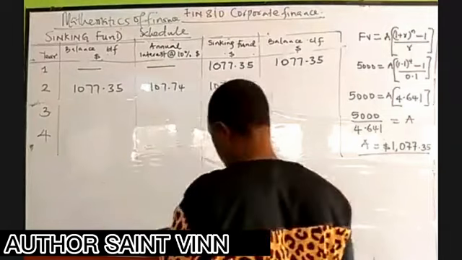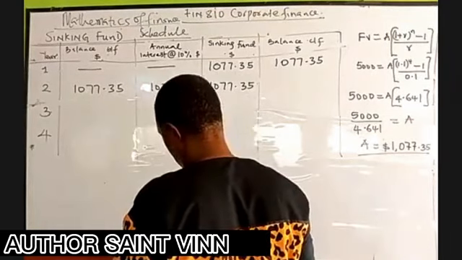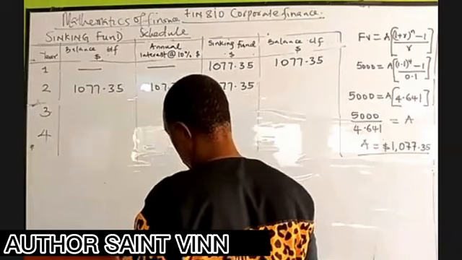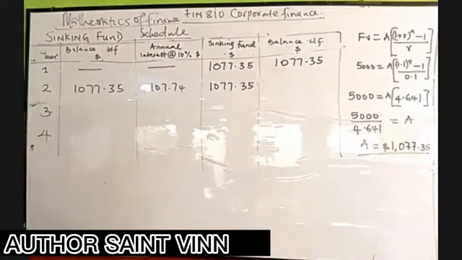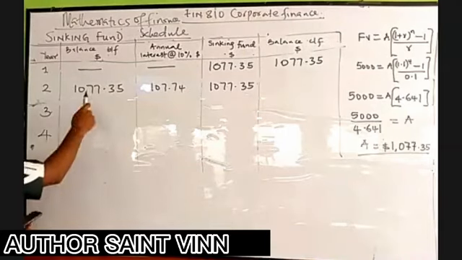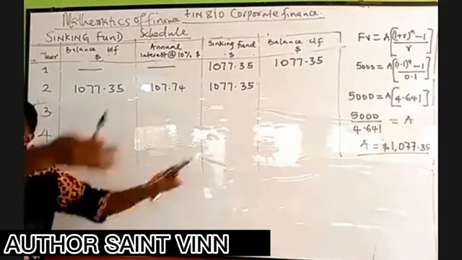So what do we have? We are adding everything. Our money is growing. We are adding everything: this plus this plus this. We are not subtracting, we are moving forward.